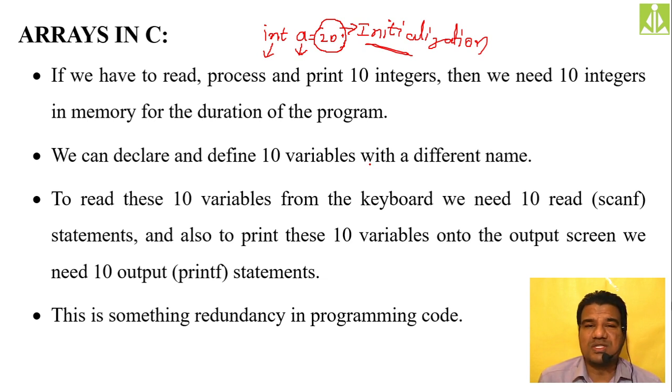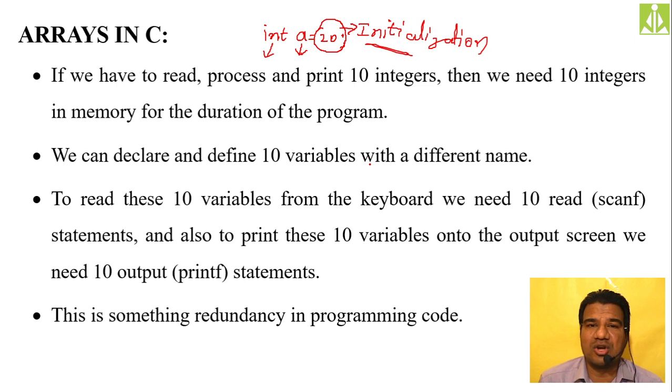To some extent, the concept of giving different names will work, up to let us say 10. If you have 10 variables in your program, we can give 10 different names and we can remember those names, because we are only responsible for writing the logic.